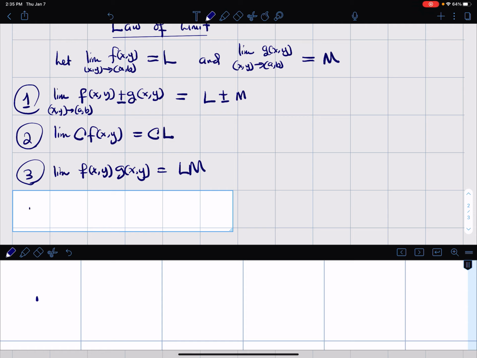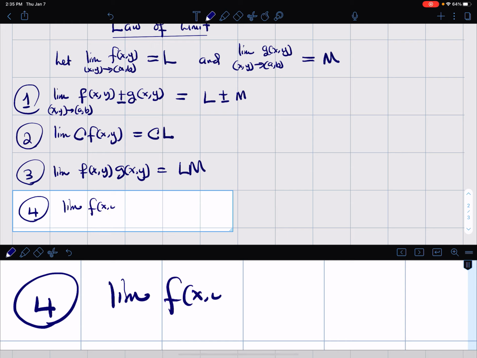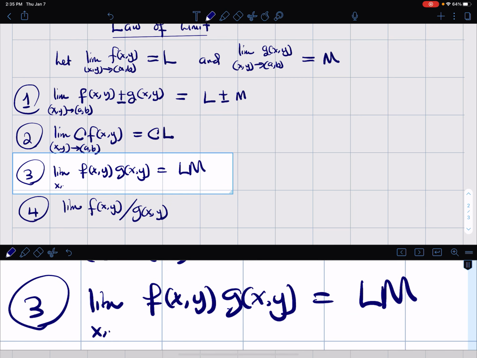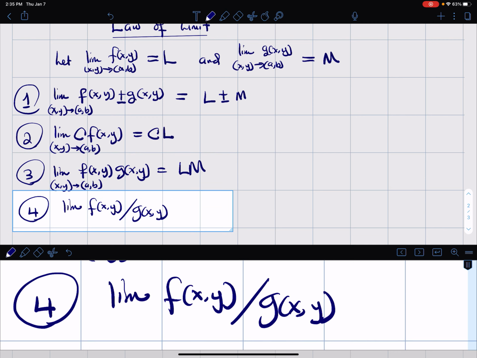Then we can talk about the limit of f(x, y) divided by g(x, y) as (x, y) goes to (a, b).